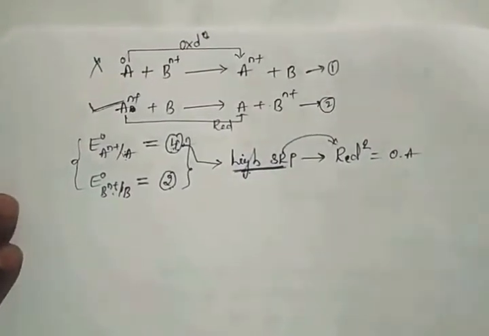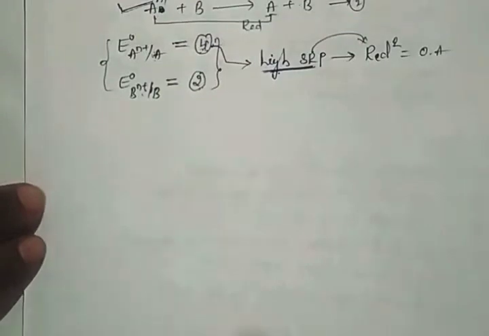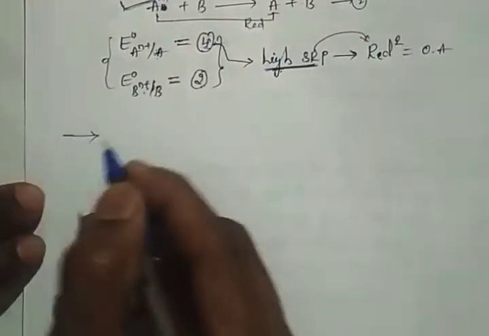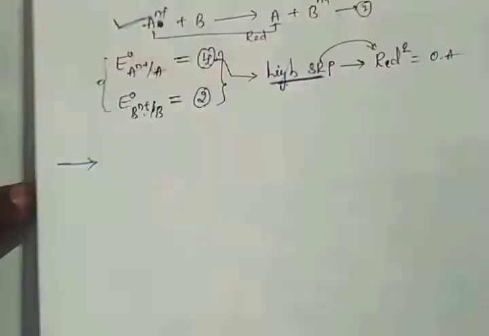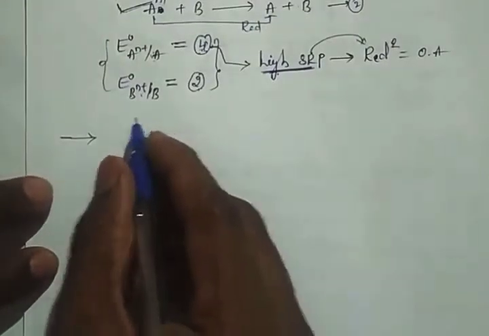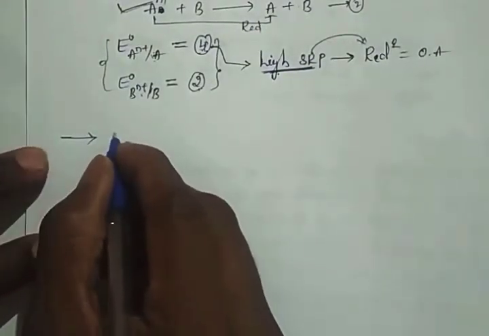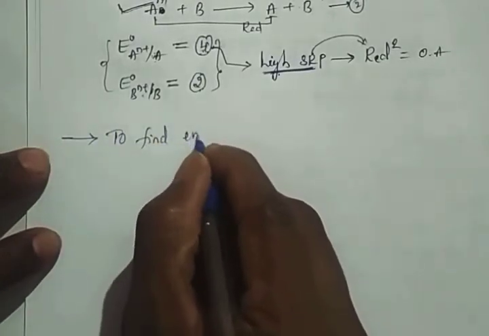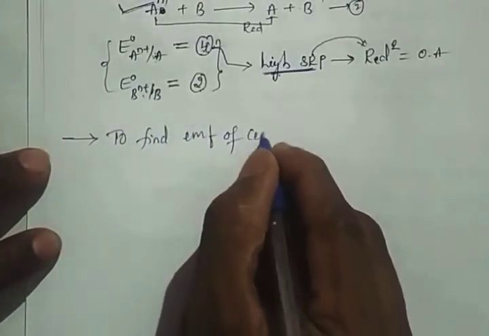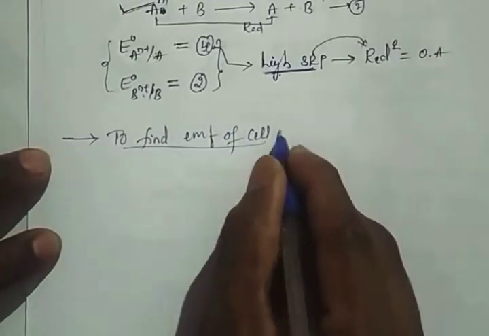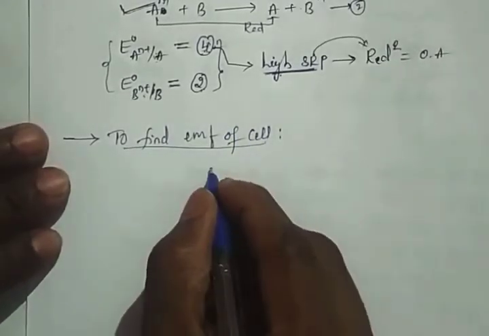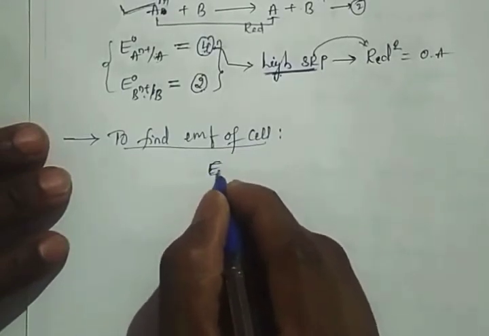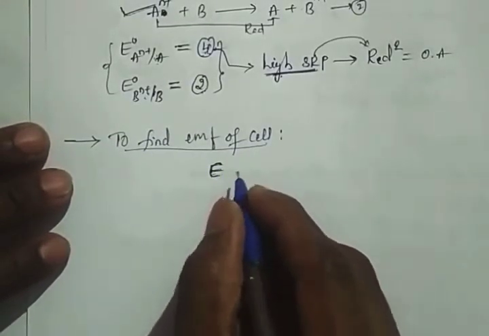Okay, now next we'll move to the third application. What is the third application? The third application is to calculate the EMF of the cell. Already we have solved many problems on this. Anyhow, we have the formula. No need to discuss this because we have already completed this concept.